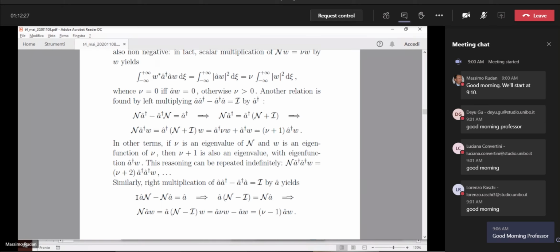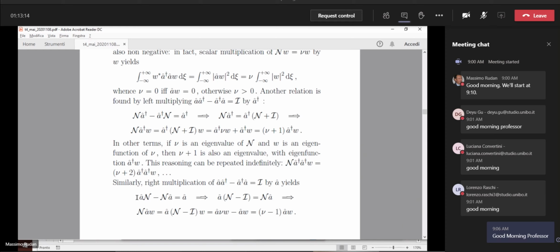Now again, we apply this operator onto any eigenfunction W of the number operator, and by a similar calculation we find that if W is the eigenfunction of N corresponding to the eigenvalue Ni, then A operating on W is also an eigenfunction of the number operator N corresponding to the eigenvalue Ni minus 1.